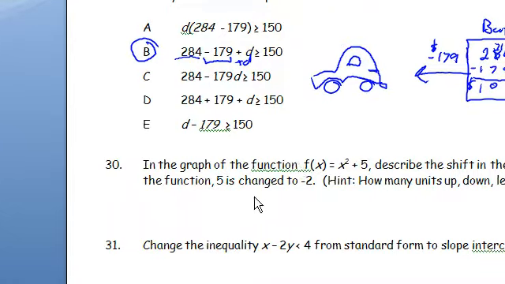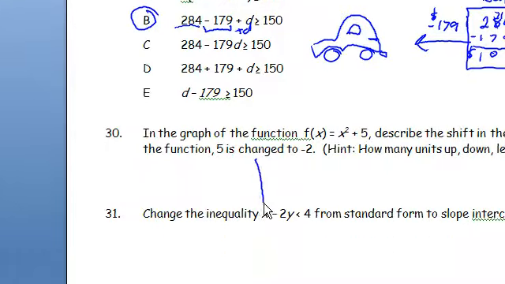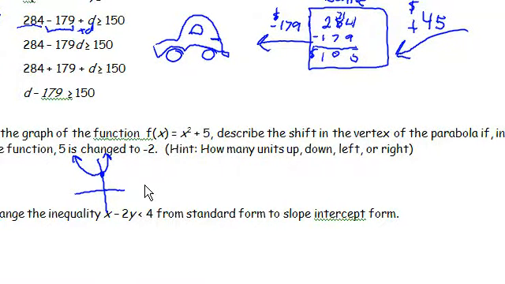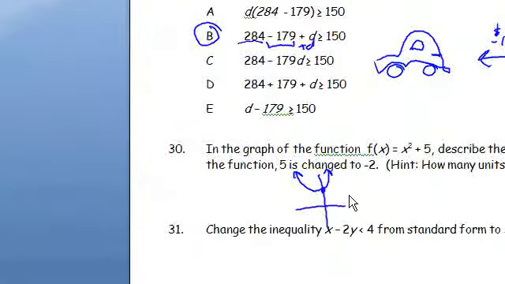All right, 30, we're talking about a parabola here, so let's make a little graph. X squared plus 5 means that our parabola will be right here at x equals 5, sorry for that crappy parabola. So let's describe the shift in the vertex if in the function 5 is changed to -2.